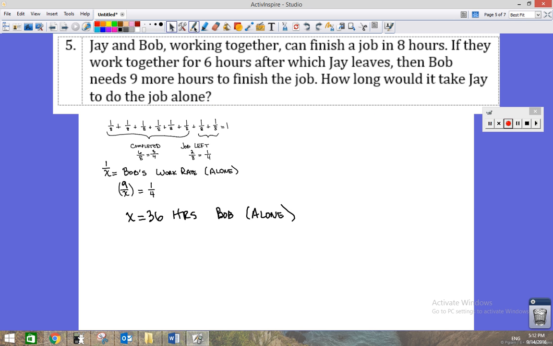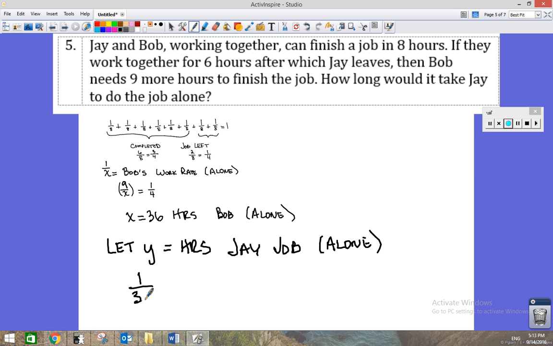So let Y be the number of hours that J needs to complete the job when he's working alone. So since Bob can get the whole job done in 36 hours, he's getting 1/36 of the job done per hour.